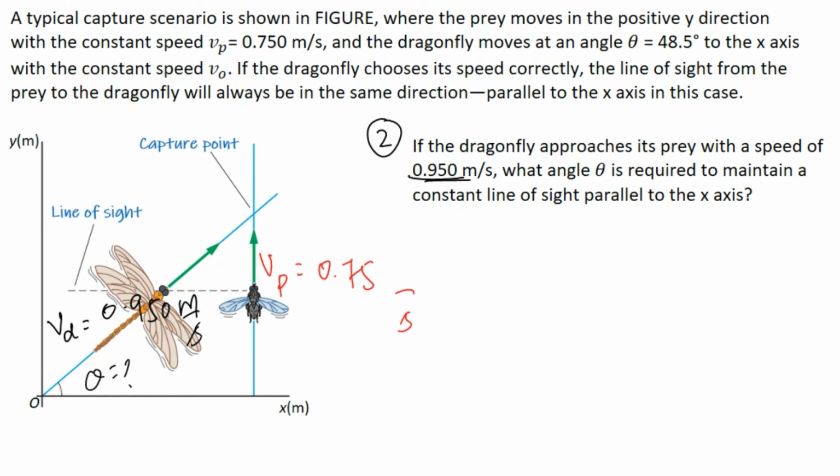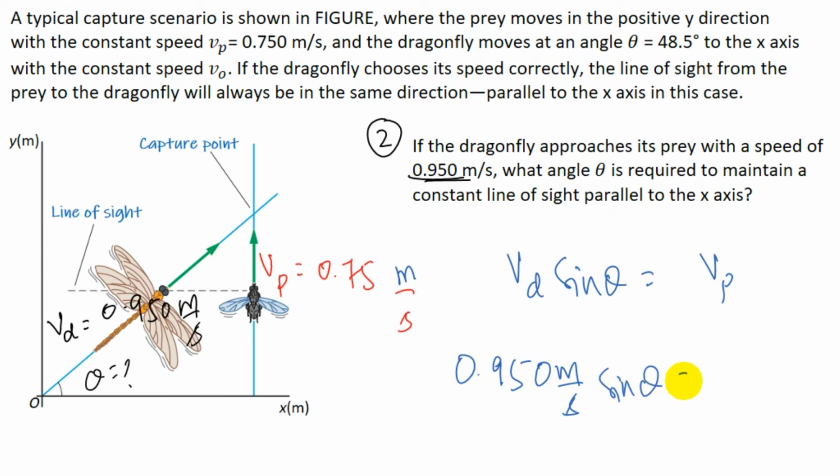So here also the y component of Vd should be equal to the y component of Vp, this is in meter per second, right? So we can write that Vd sine theta should be equal to Vp, and Vd we are given to be 0.950 meter per second.